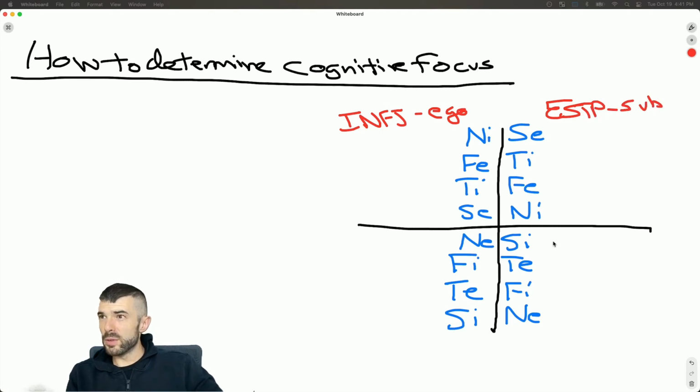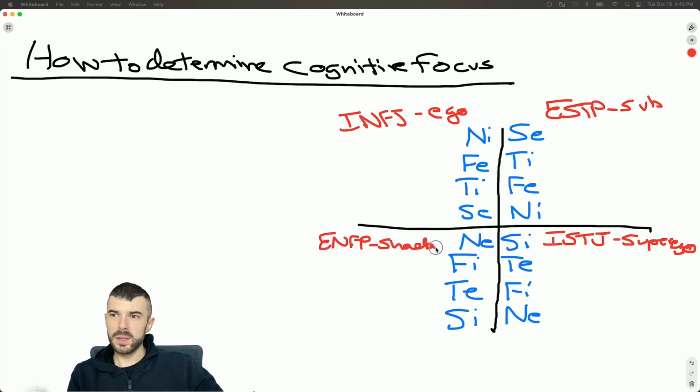And then we have the ISTJ, which is the superego. And then the ENFP shadow. It's a little weird.